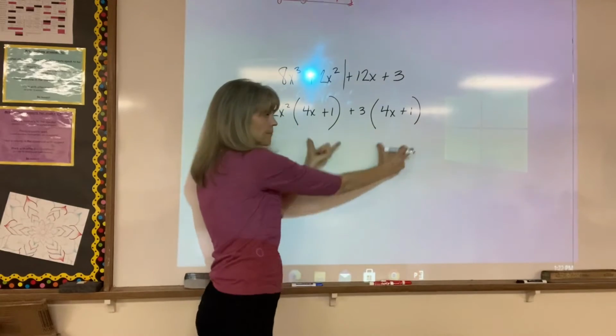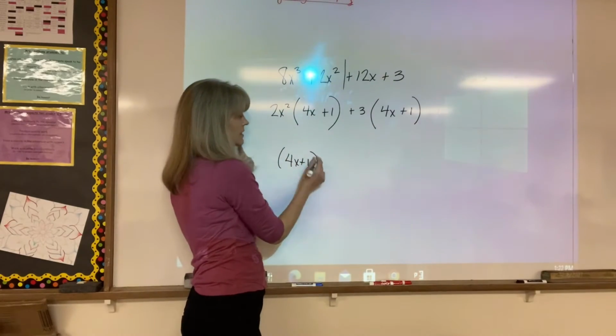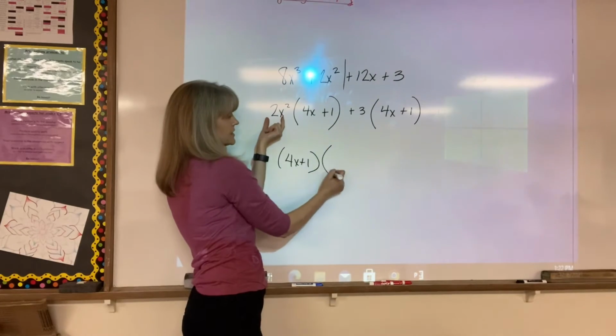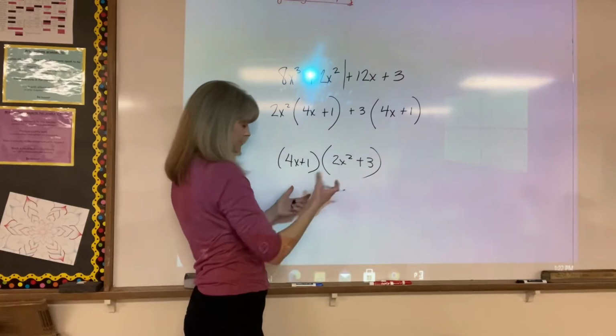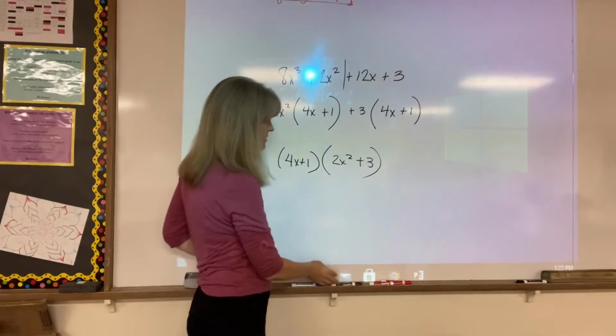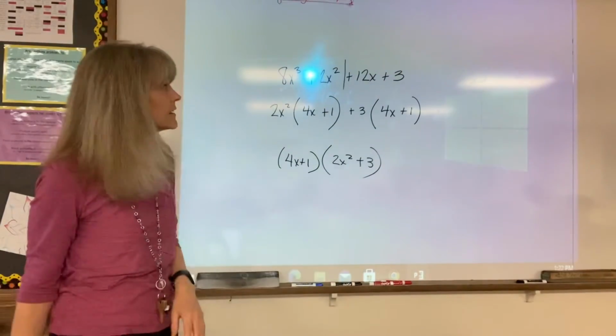Now these are in common. I'm going to pull those out, 4x plus 1. And then what's left is 2x squared plus 3. And we're done.